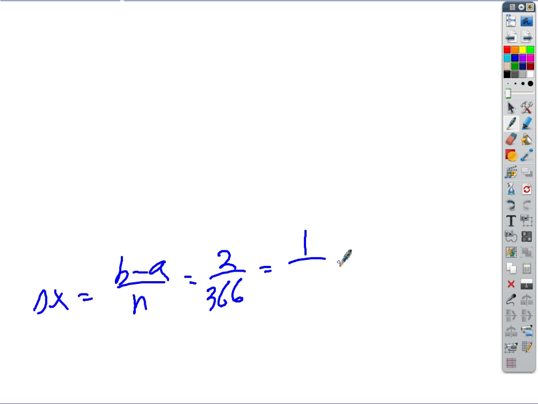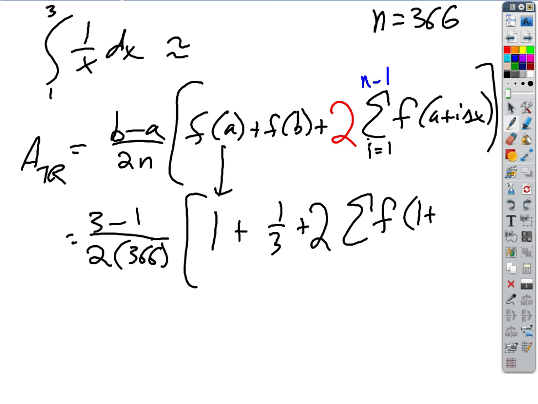Did I do that right? Yeah, okay. So then we know that delta x is 1/183rd, so we can plug that in right here. So we get 1 plus i times 1 over 183, just i over 183.